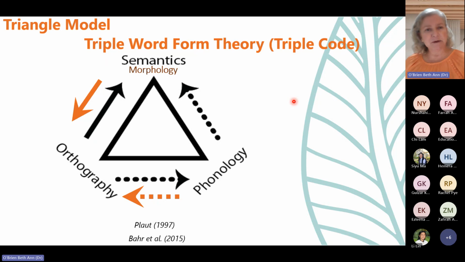And so these sets of models that use this type of framework, originally started by Virginia Berninger and also from Barr and Daffern, have been looking at this model, which is referred to as the triple word form theory or triple code theory. And so we've been using this more recently to look at children's spelling across different scripts, even though this particular model, again, was developed for alphabetic languages.